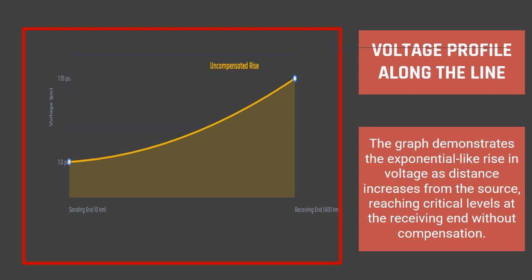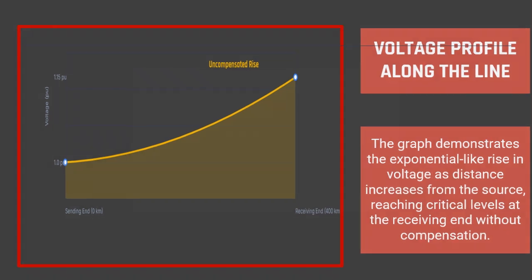The entire purpose of installing compensation devices like shunt reactors is to flatten this curve, maintaining the voltage within the acceptable industry tolerance, typically between 0.95 and 1.05 per unit, throughout the line's length.